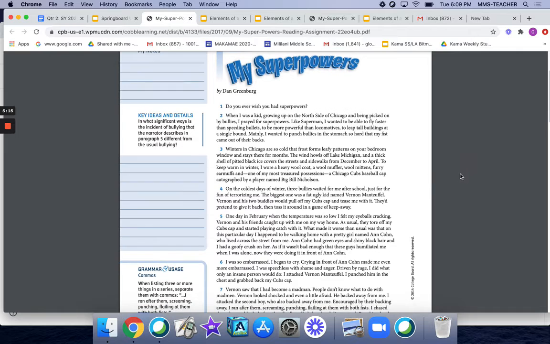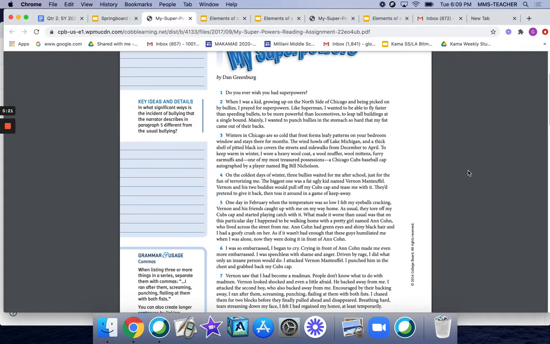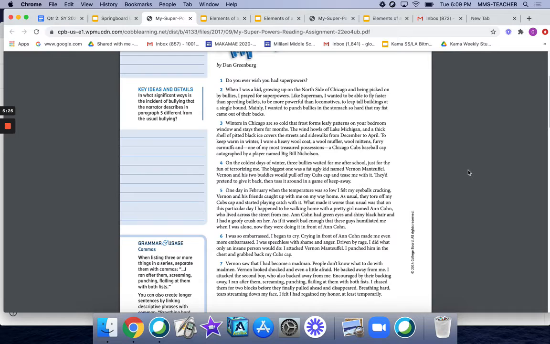Winters in Chicago are so cold that frost forms leafy patterns on your bedroom window and stays there for months. The wind howls off Lake Michigan, and a thick shell of pitted black ice covers the streets and sidewalks from December to April.